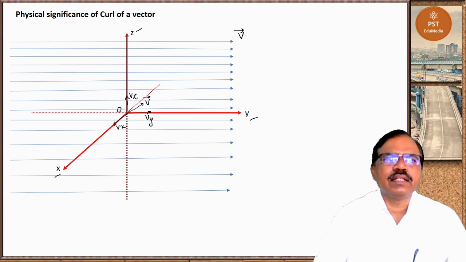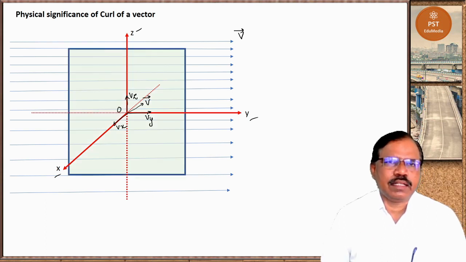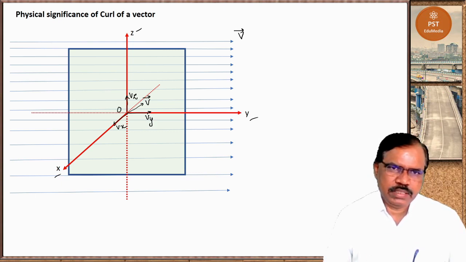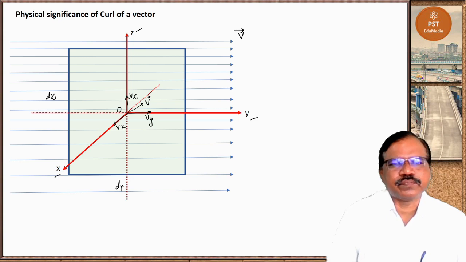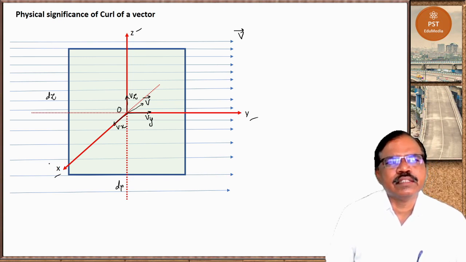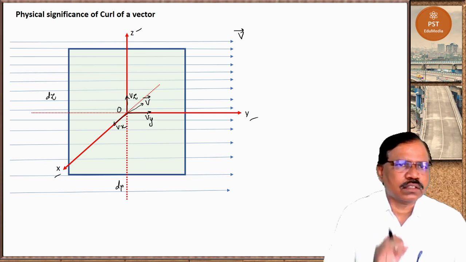Now we have to find the line integral or circulation along a closed path. So here we will take a small rectangular area in the YZ plane. Here this side is dy and this side is dz, so the area is dy into dz, and dy and dz are small.